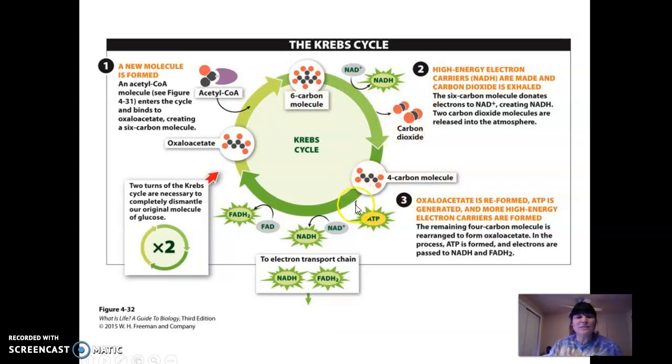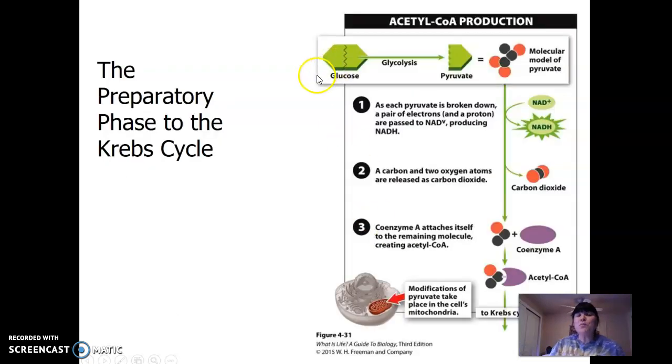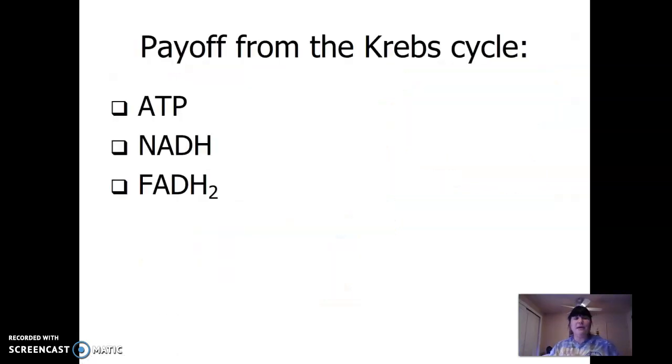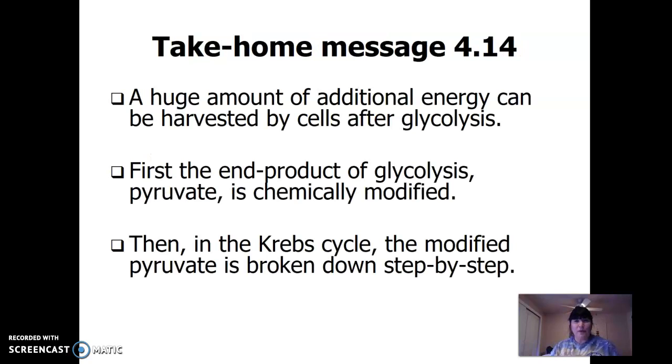But in the end, what's the big deal is we pump out a lot of ATP. So through breaking glucose, going through a bunch of reactions, we end up making a lot of ATP. And then the cell can use ATP to do work. Okay, so payoffs: ATP, NADH, FADH2, those are energy molecules also.